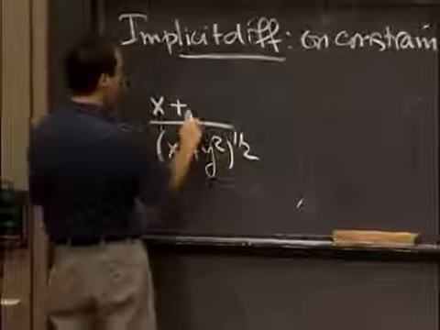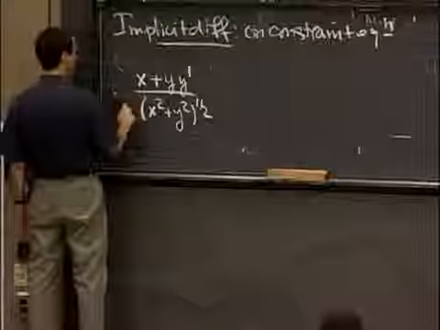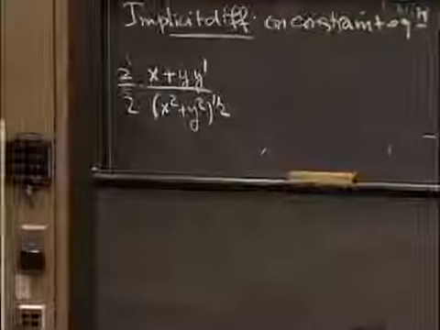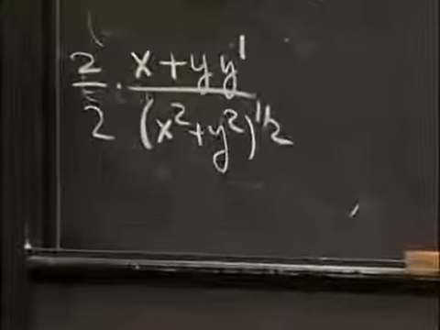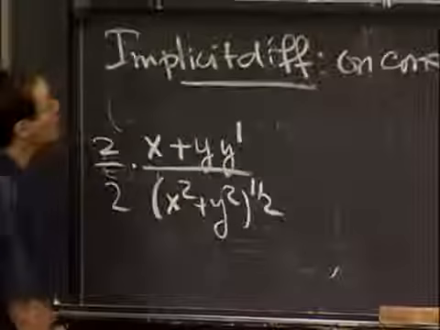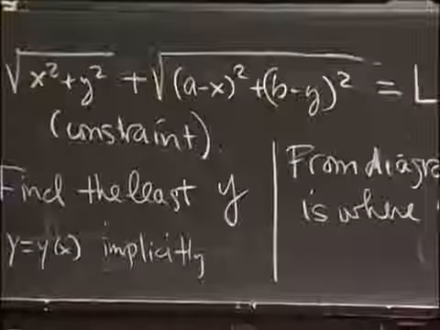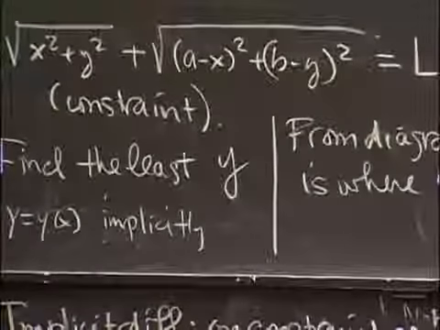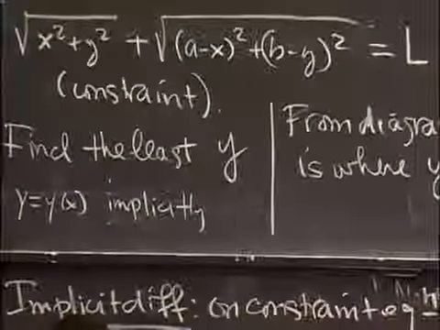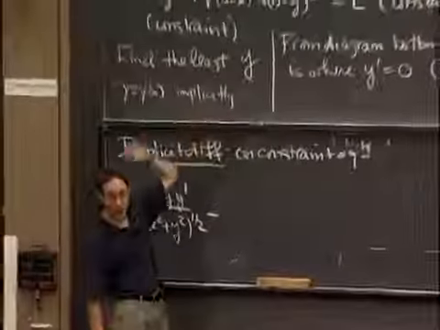Now, because y depends on x, there's also a y prime here. So technically speaking, it's twice this with a half, 2 over 2 times that. That's the differentiation of the first piece. Now, I'm going to do the second one, and it's also the chain rule, but you'll just have to let me do it for you because it's a little too long for you to pay attention to. There's a minus sign that comes out because there's a minus x and a minus y there.